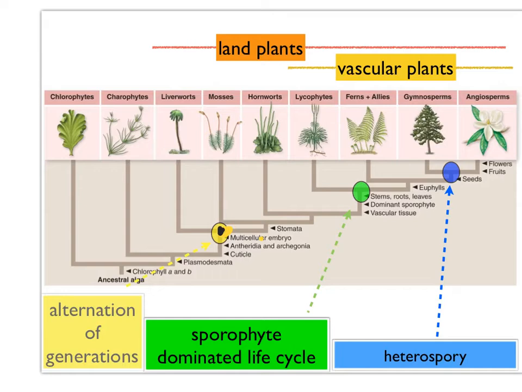These guys right here, let's see, mosses, hornworts, and hornworts have a gametophyte-dominated life cycle.